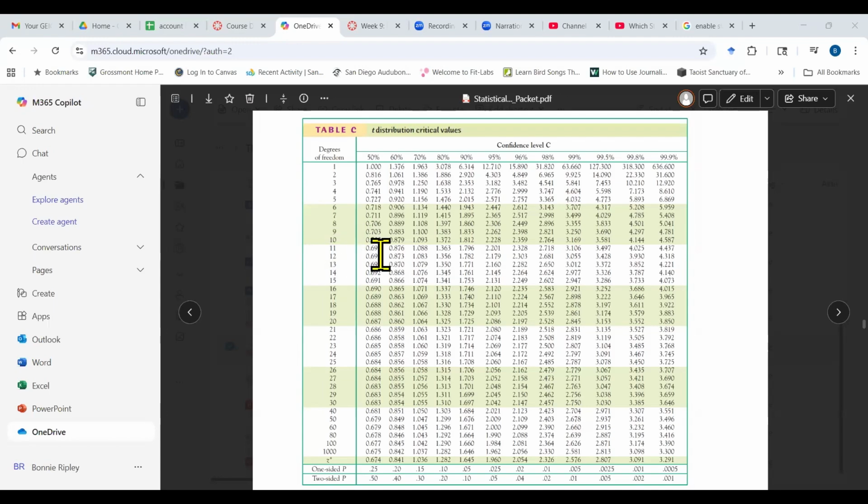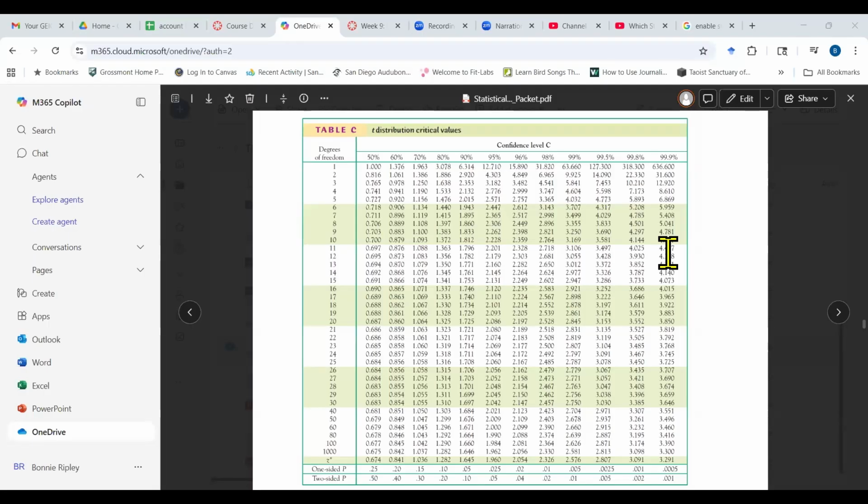So if we go across, we're looking at degrees of freedom of 9: 0.7, 0.8. Wow, those are really small. We're going across, going across, going across. And we get to the end of our table, 4.781. That is still less than our value of t.